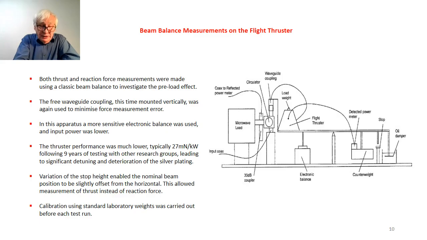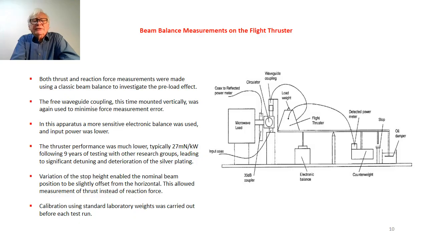Now, this set of tests, which were carried out towards the end of our development phase, was to investigate the effects of preload on the thrust output from a thruster. We've talked about this before.